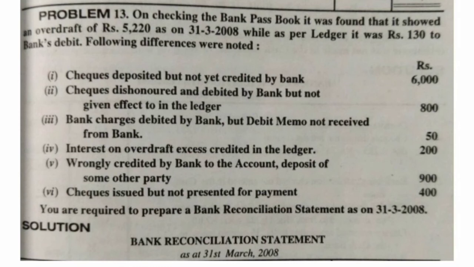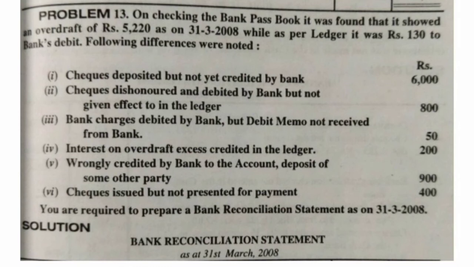Therefore, this 200 deduction is not possible in the passbook. So the passbook will remain to show rupees 200 higher when compared to the cash book. Therefore, we need to add this amount to the overdraft balance as per passbook, because we need to compare with the cash book as well to rectify this transaction.